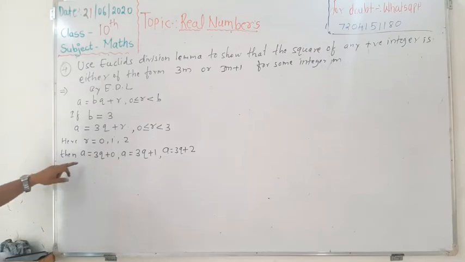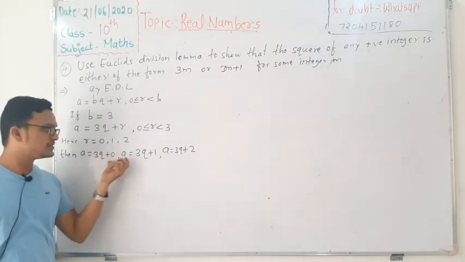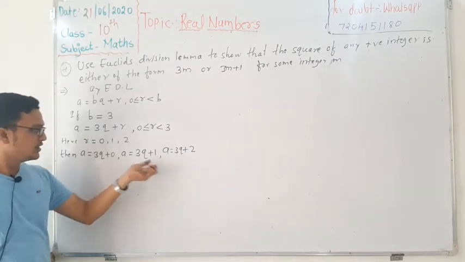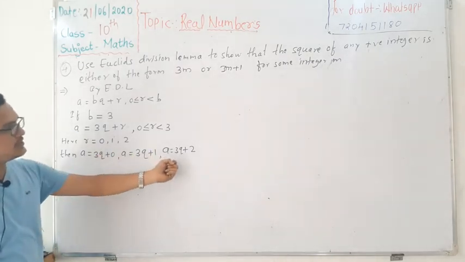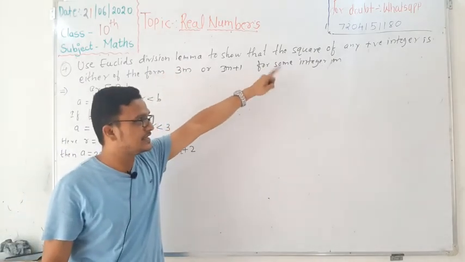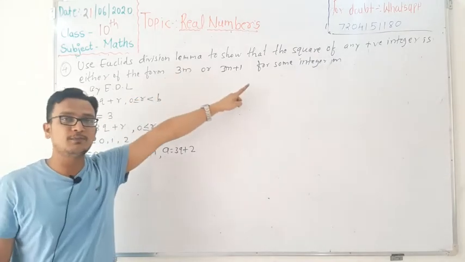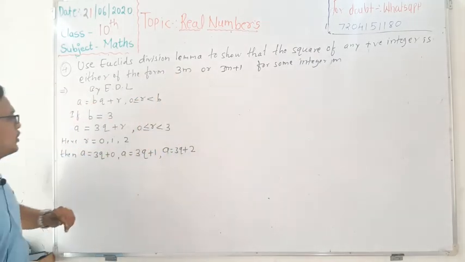So here we have these 3 positive integers. For these 3 positive integers, we have to show that the square of the integer will be in the form of 3m or 3m plus 1. So that we have to verify.